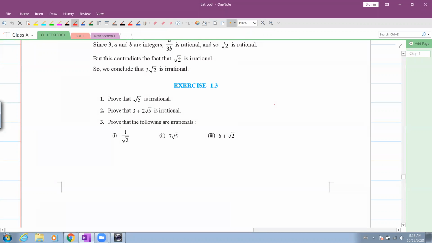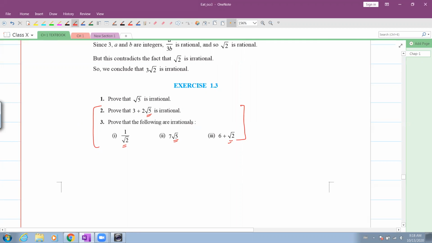Question number 2 and question number 3 contain expressions where you have one value which is irrational. So the way to do these two questions will be the same, depending on how many marks such a question carries.